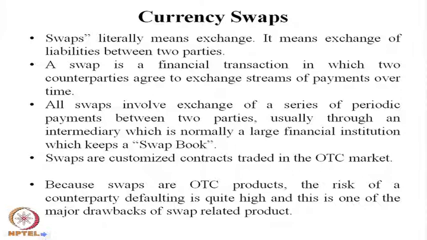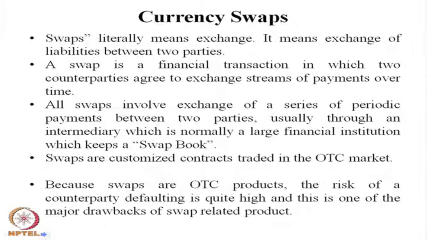When you mention that swap is an OTC product, the risk is quite high, a risk in the form of counterparty defaulting. When one party defaults, it creates a default risk for the other party. Since it is an OTC product, when the counterparty defaults, it creates high risks, and this is one of the major drawbacks of swap transactions, whether it is an interest rate swap or a currency swap.